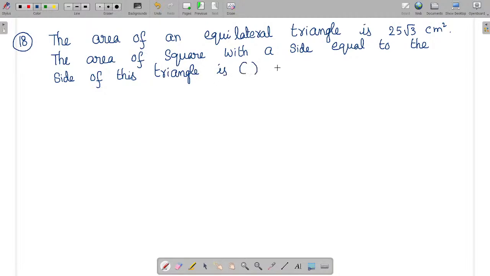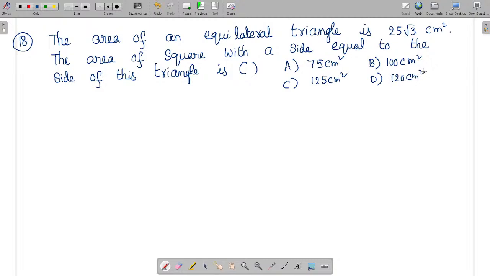Option A is 75 centimeter square, B is 100 centimeter square, C is 125 centimeter square, D is 120 centimeter square.